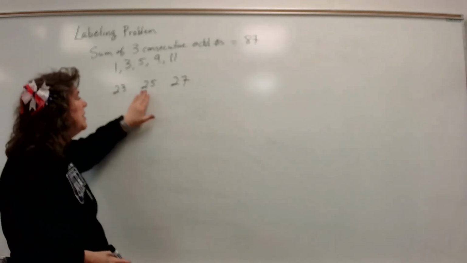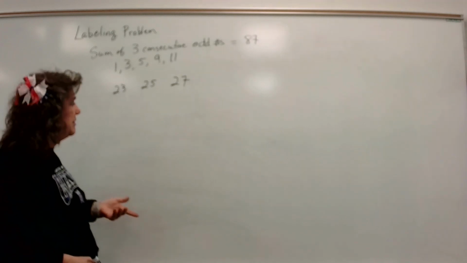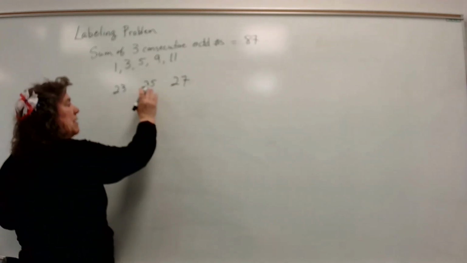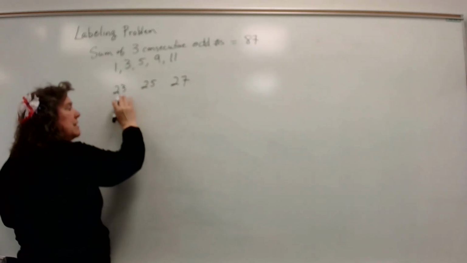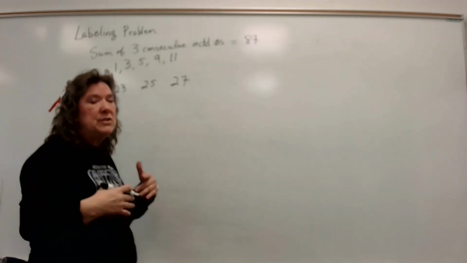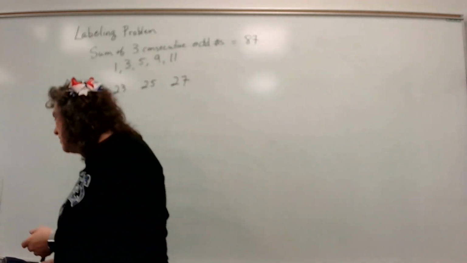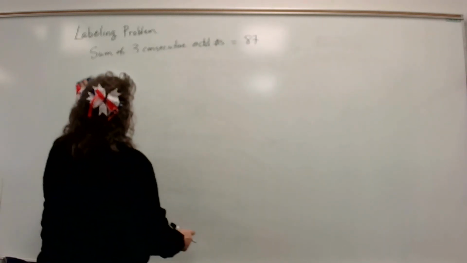So the same relationship exists between all consecutive odd numbers. Or if I choose my middle one, my 23 is 2 less than that one, and my 27 is 2 more than that one. So there's several different ways you can assign this. And I think I'm going to work it both ways, okay?